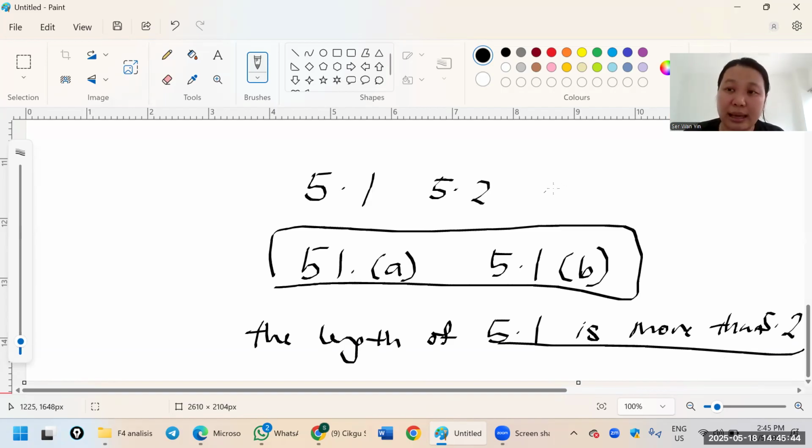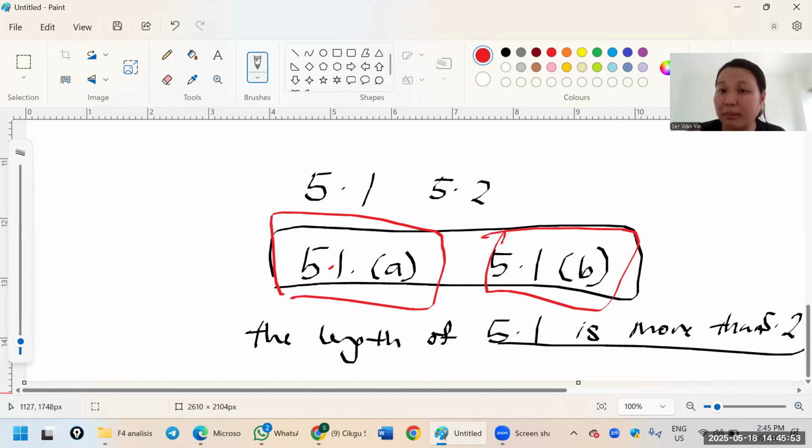Directly wrong. Be careful about this. If they are 5.1a, 5.1b, you must write back exactly the same. So if you don't write, sorry, wrong. That's why you know the concept. You also need to know the technique menjawab soalan, or we say the format sentence. If wrong sentence, marks gone.